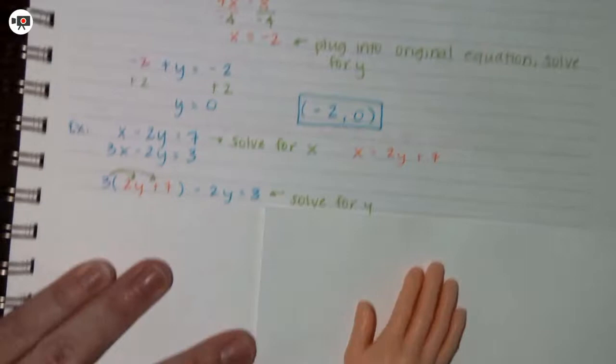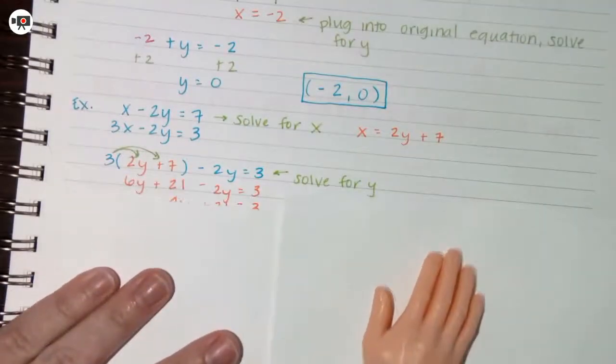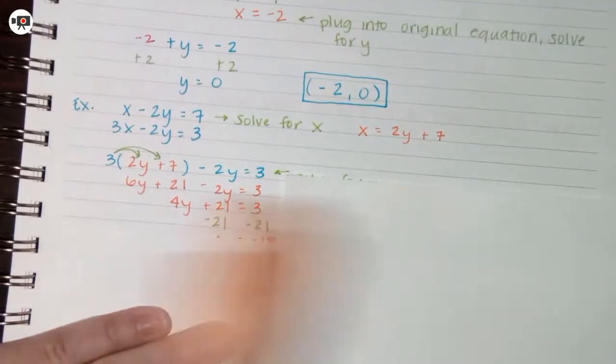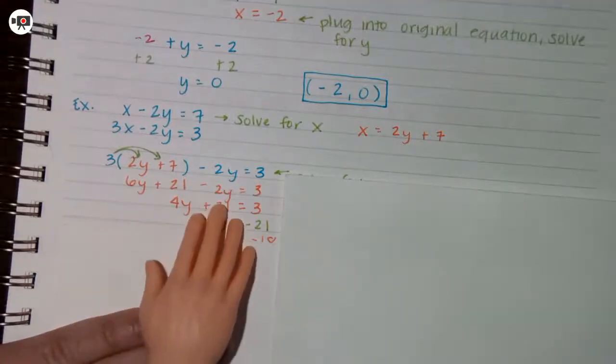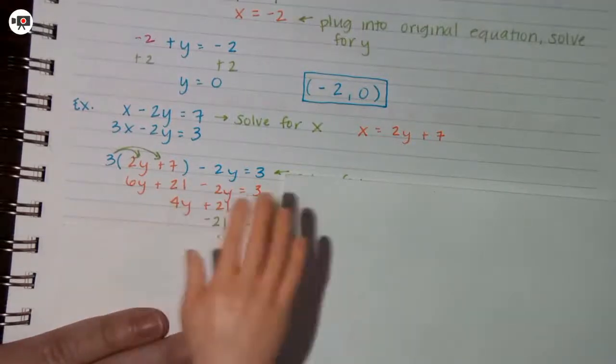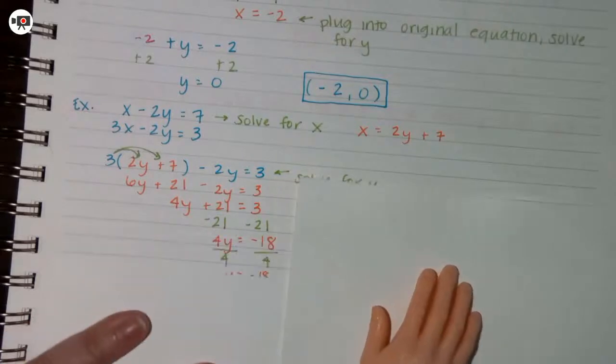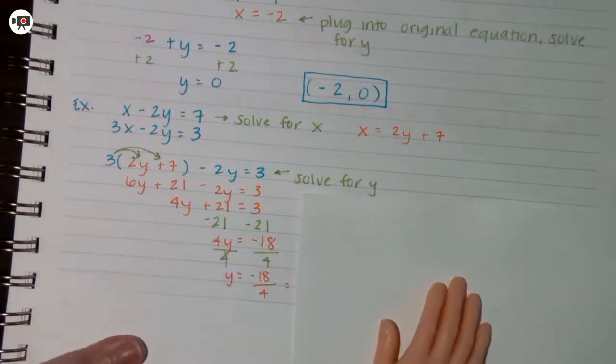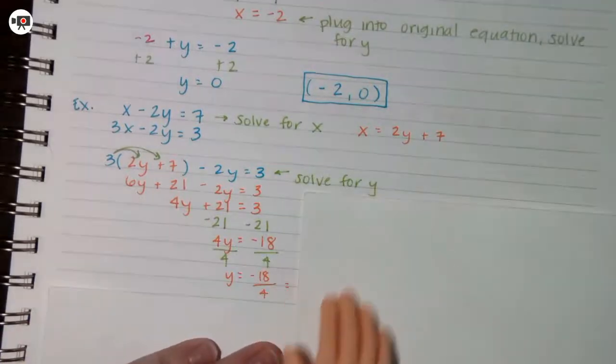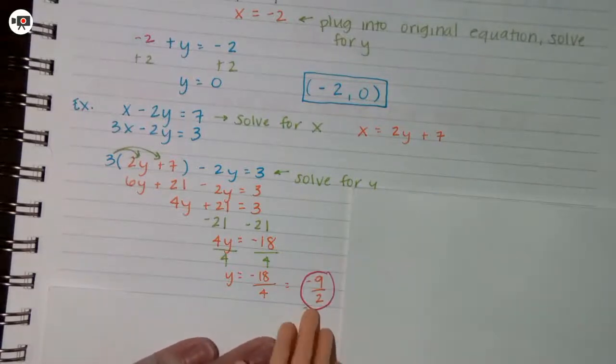Now I'm going to solve for y. So I have 6y and a minus 2y to make 4y, plus 21 equals 3. Solving for y, y equals negative 18 over 4, which reduces to negative 9 over 2.